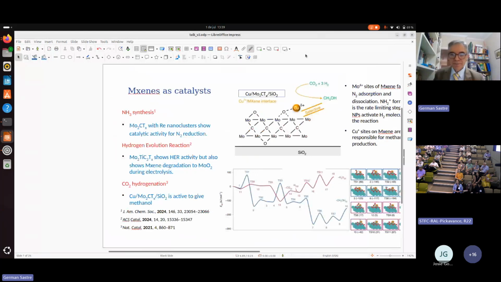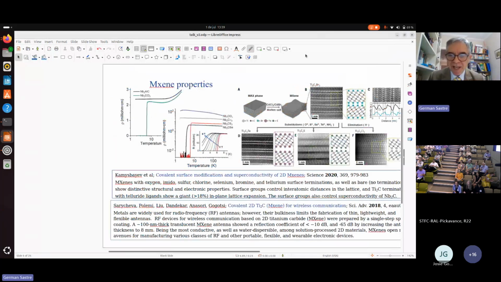So actually, one of the cases that we see in the slide, in part D, there is the termination. All these cases contain surface termination. The effect here is mainly due to the termination.